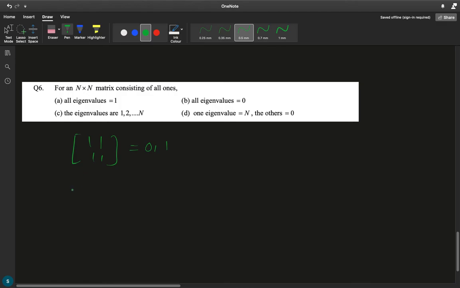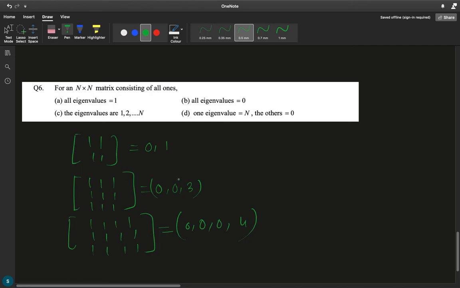But also in the case of all 1 for the 3 cross 3 matrix, we know that if all the values are 1, then the eigenvalues used to be 0, 0, 3. Okay, so there is a tendency: when you go to the 4 cross 4 matrix with all ones, then the eigenvalues will be 0, 0, 0 and 4, and so on.